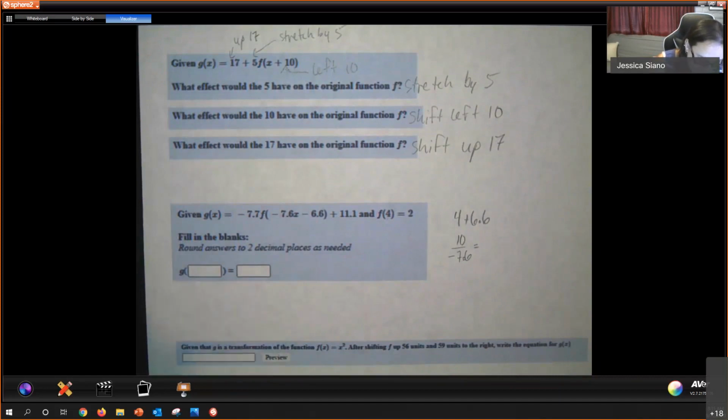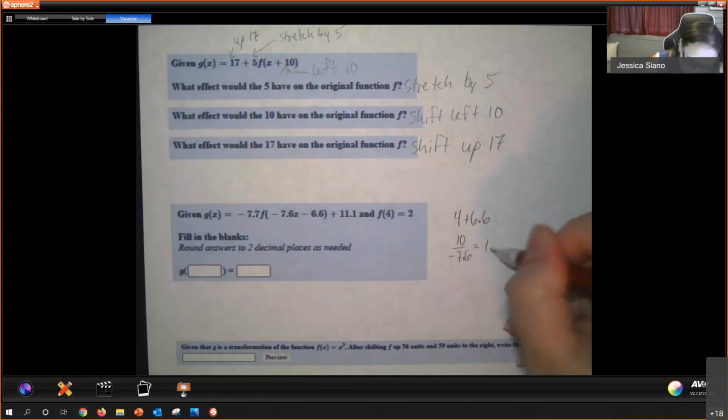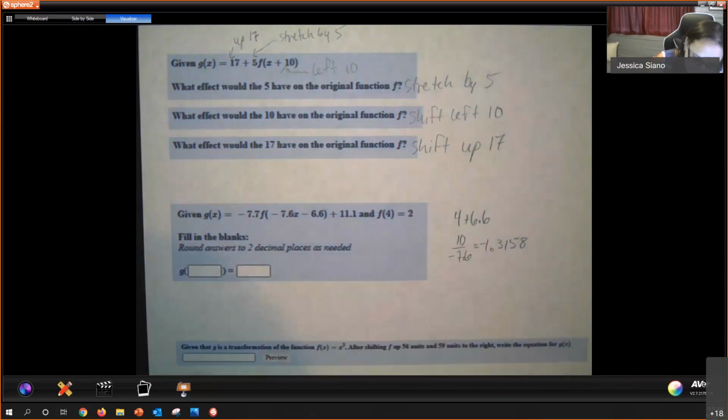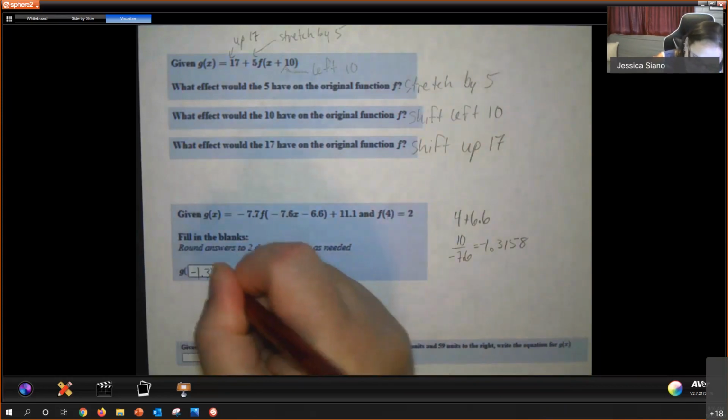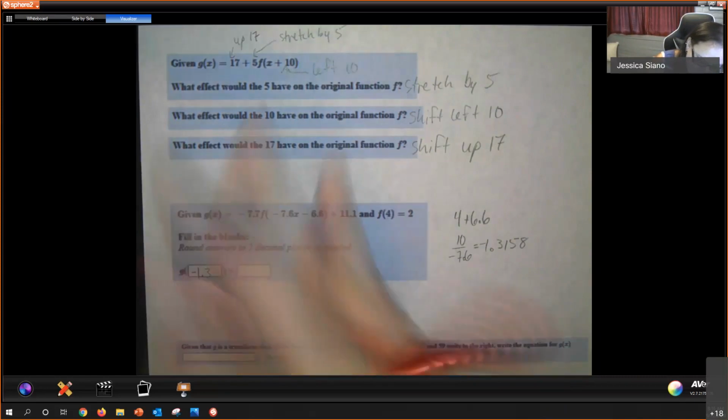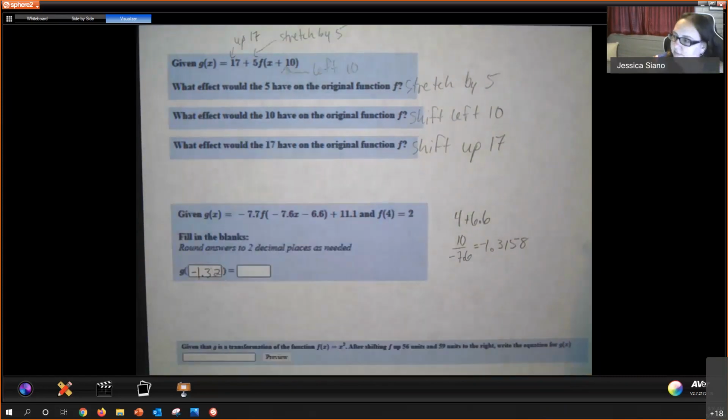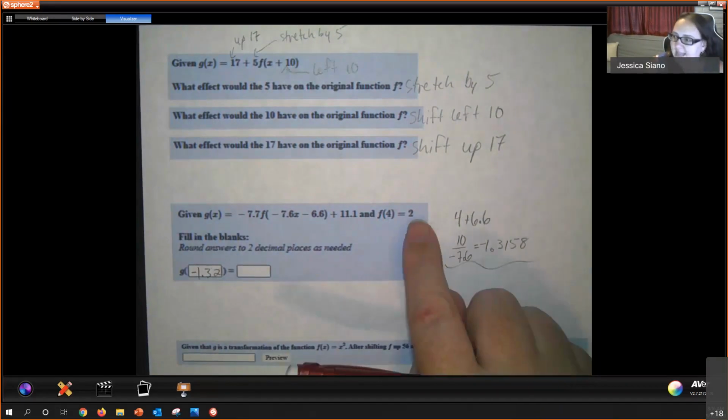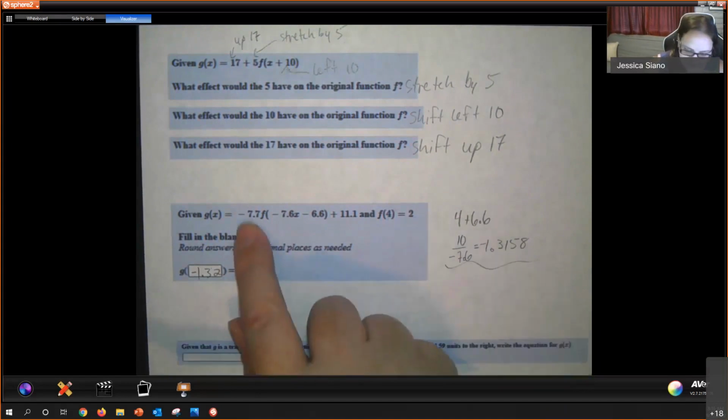Man, could not have put that in my calculator any more wrong than I did. Oh, 2 decimal places. So negative 1.32. But for the y's, we're going to do exactly what we see in the exact order that we expect. So for the y's, I'm going to multiply by a negative 7.7.